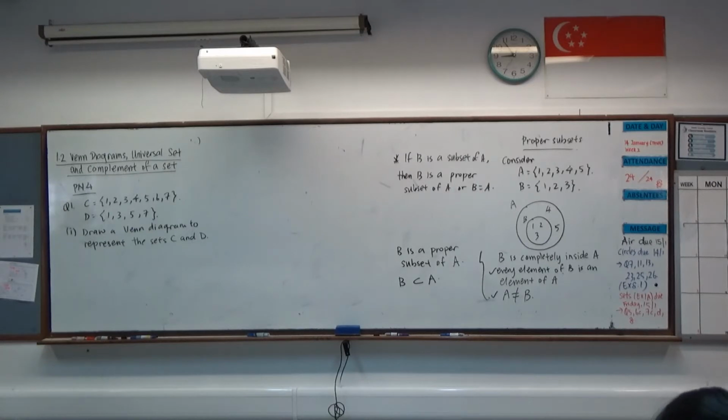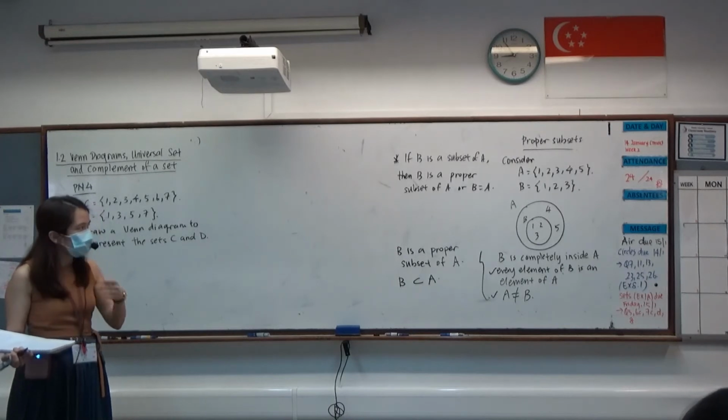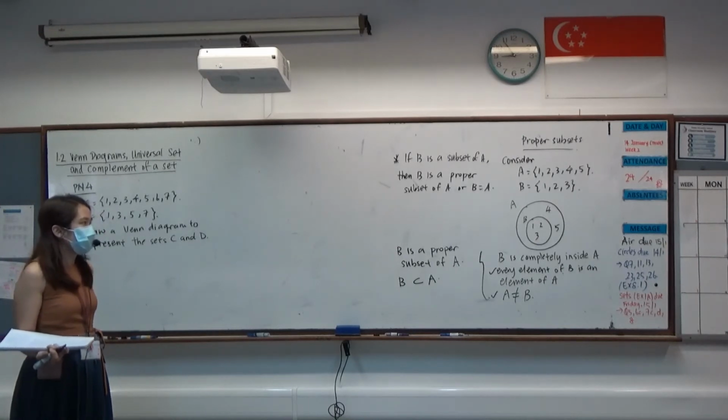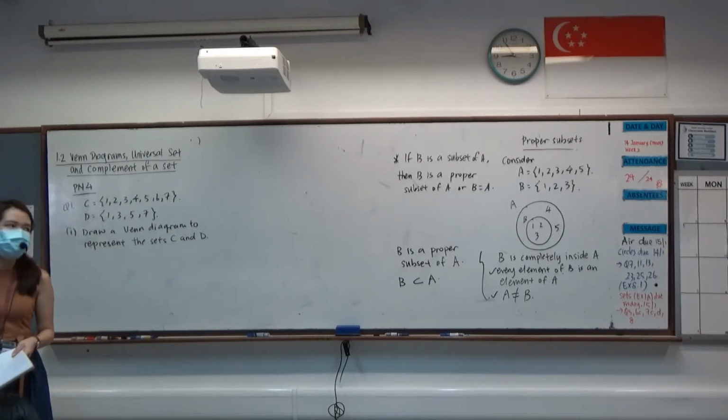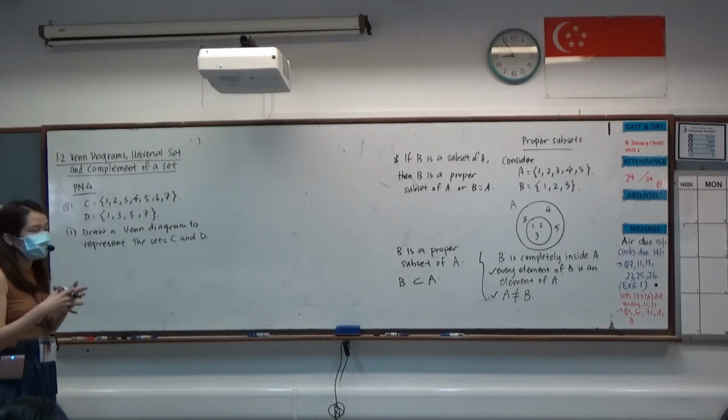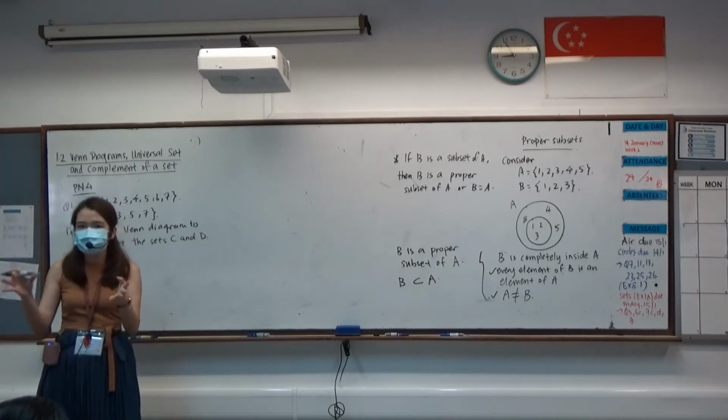We can carry on here. Okay, so the idea of subset is that there is that chance that it could be equal to. So for example, let's talk about maybe this class.